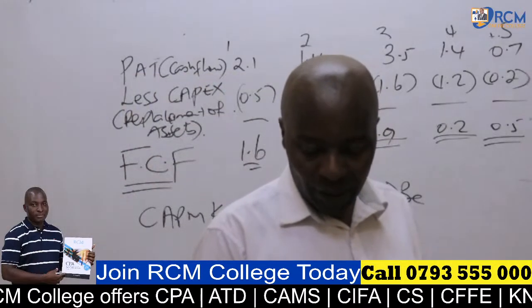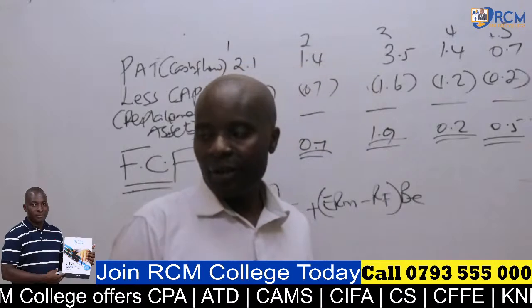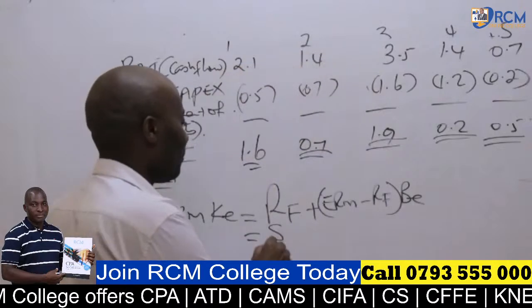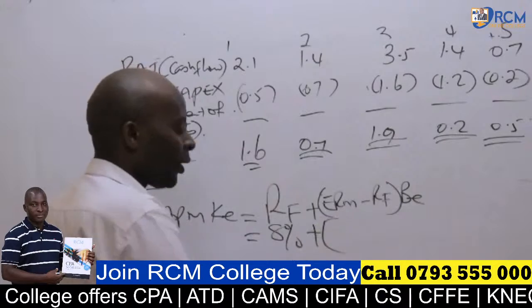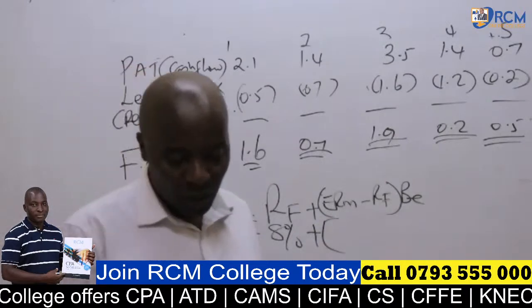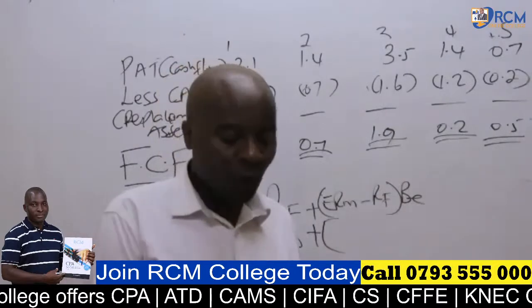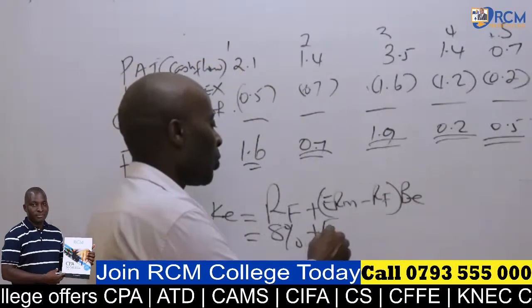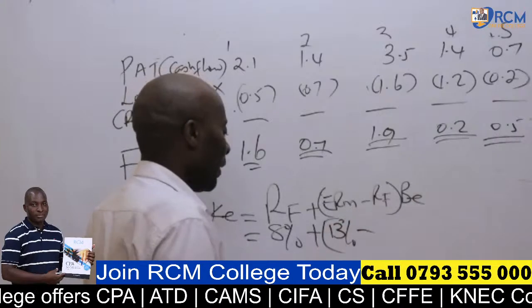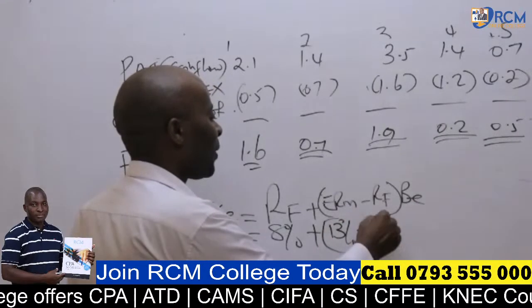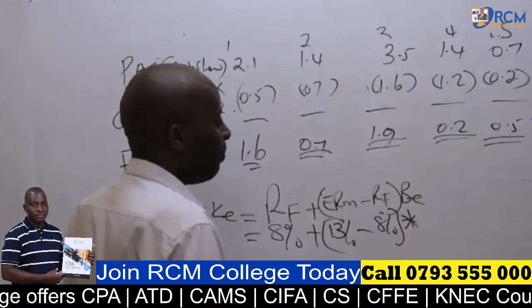They told us the risk-free is 8%. Market returns also have been given to us in note number 2. Expected return of the market portfolio is 13%. So we have 13% minus risk-free, which is 8%, multiplied by beta equity.